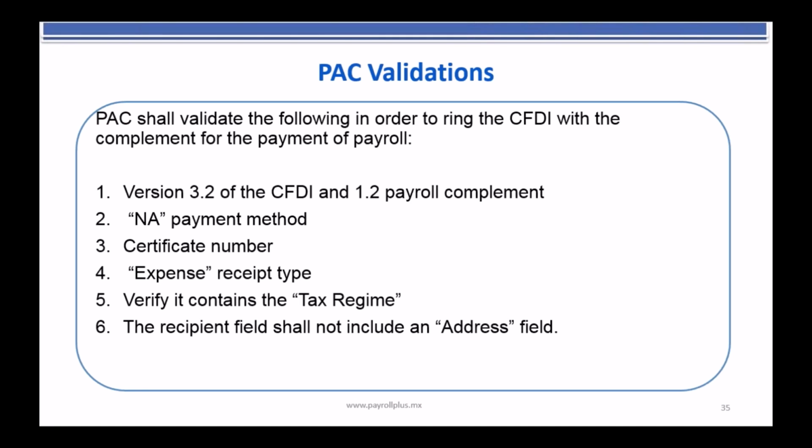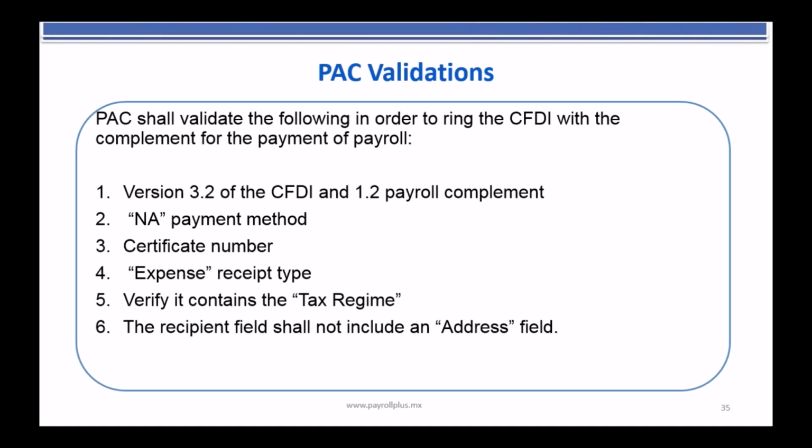These are just general things that they are going to validate. In method of payment, they need to verify that does not apply is included. The certificate number, they'll need to verify that it's an expense type of receipt because you're making a payment.